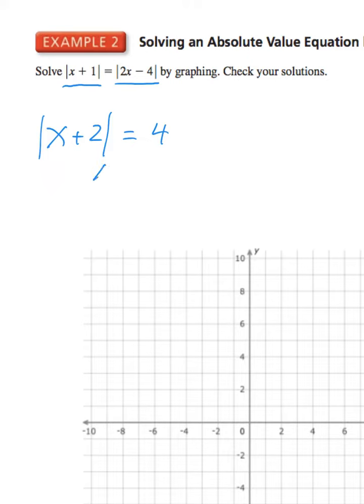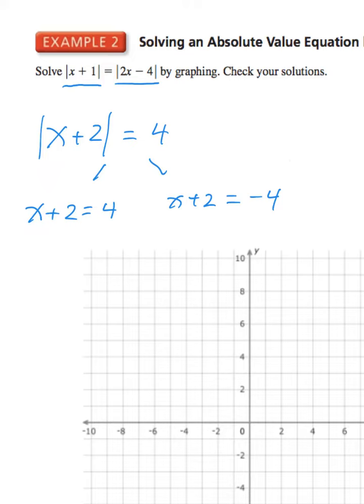I separate this into 2 equations. Now remember, the question says x plus 2. What are the 2 things that x plus 2 can equal? x plus 2 could equal 4, or if x plus 2 equaled -4, everything works, right? So if what's inside equals 4, or if what's inside equals -4, the equation works.